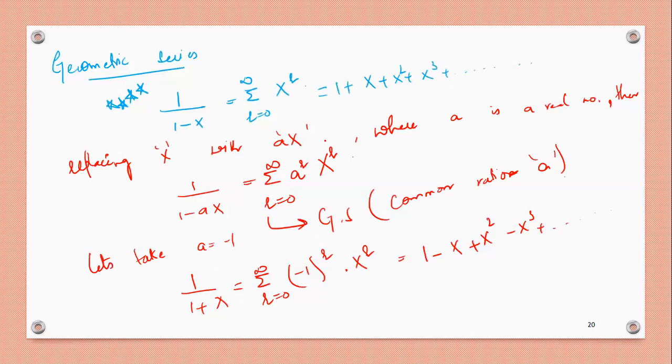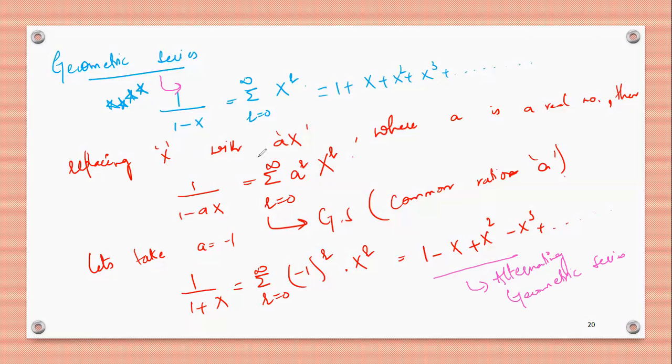Now, this series is called the alternating geometric series. So the first one was our simple geometric series, that is all positive signs.